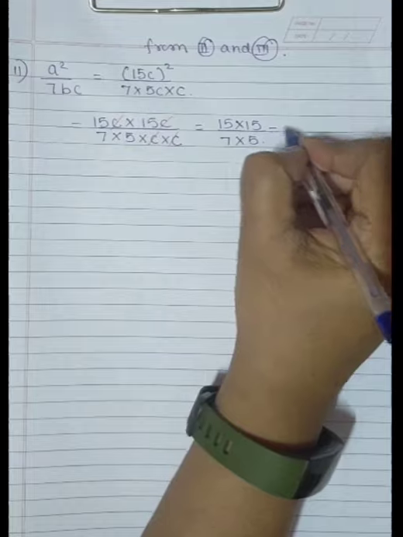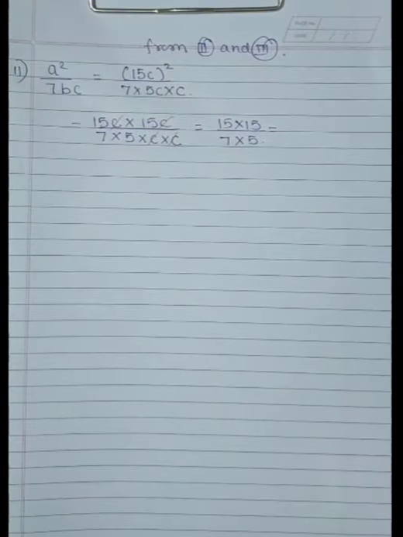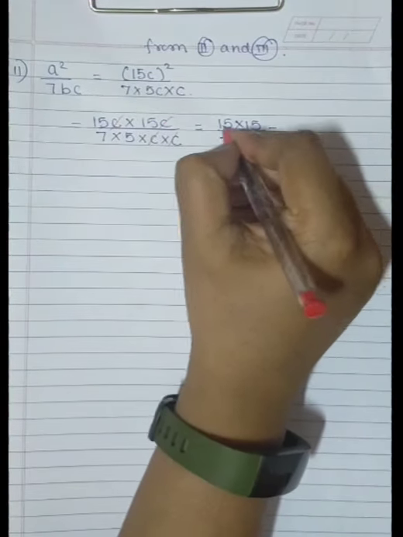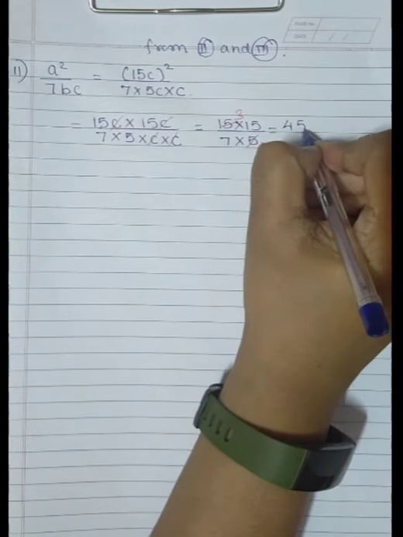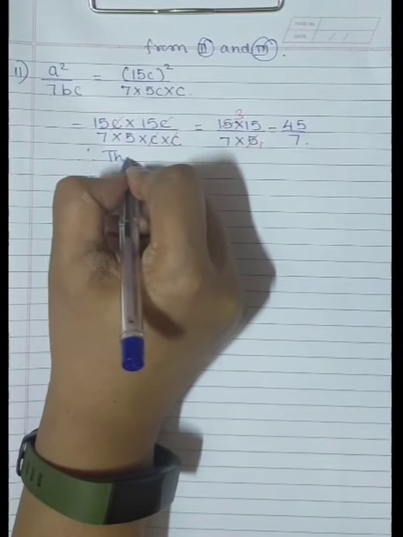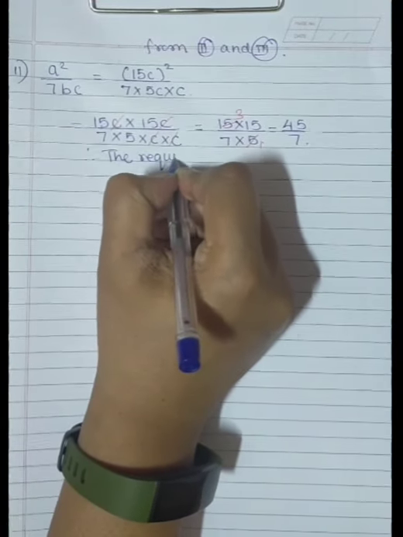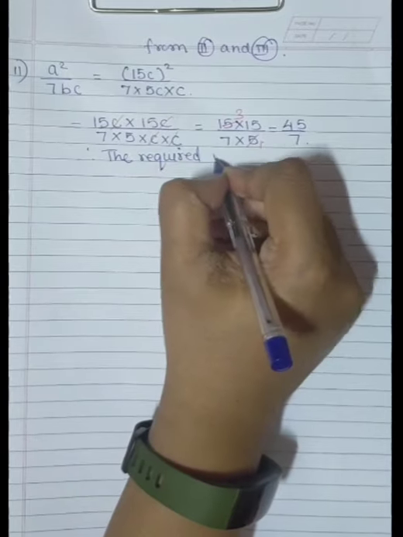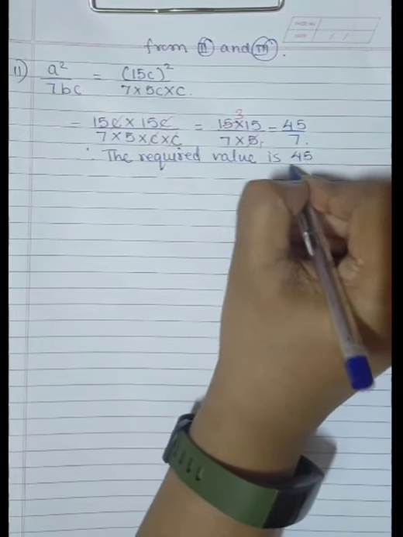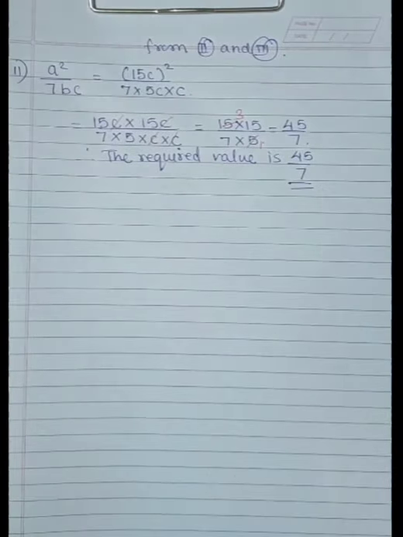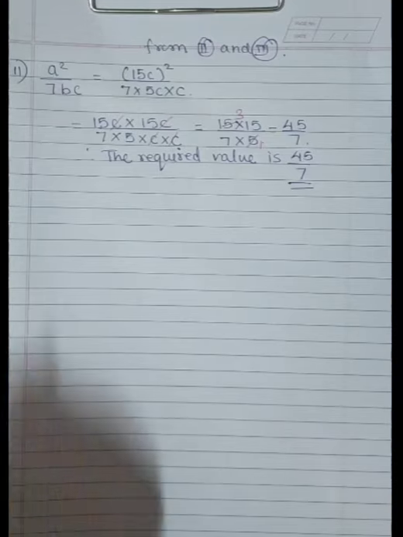Again 15 here also gets cancelled, 5 ones are 5, 3s are 3, then we will get 45 upon 7. Okay, so therefore the required value is 45 upon 7. Okay, we have solved question number 2 sum.